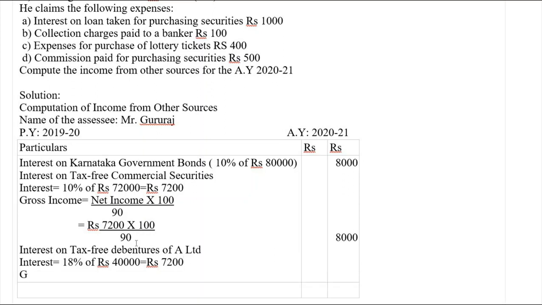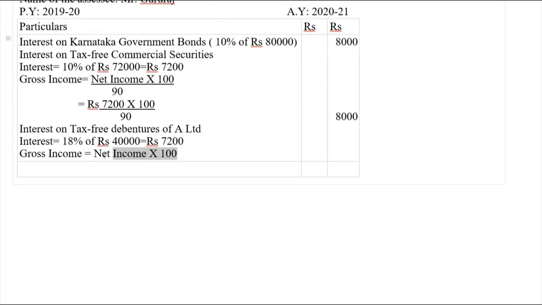Therefore, gross income equals net income multiplied by 100 divided by 90.